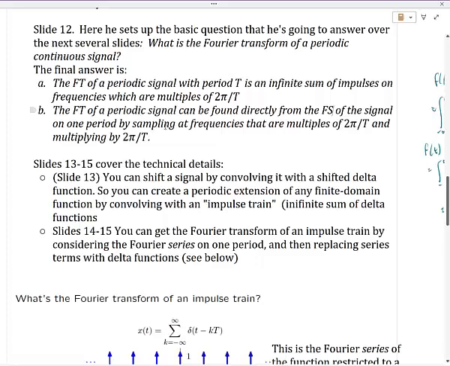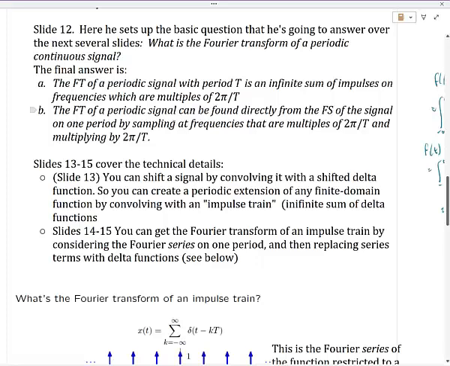If you look at periodic signals as functions on an infinite domain, you can write this as a sum of impulses, and the impulses are at frequencies that are equal to the frequencies that are used in the Fourier series.